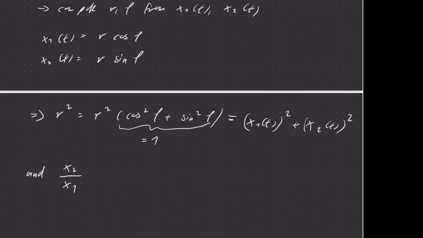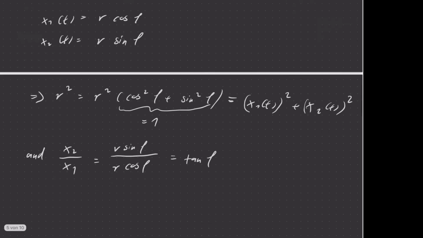But one can easily deal with those cases if the need arises. So looking at this transformation here, x2 over x1 is equal to r sine phi over r cosine phi. And that's the same thing as sine phi over cosine phi, or the tangent of phi.